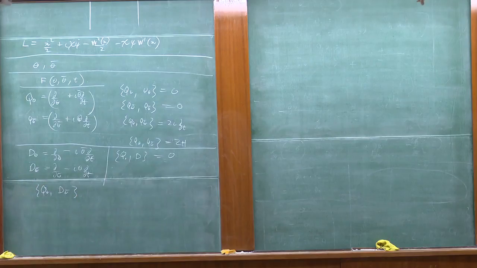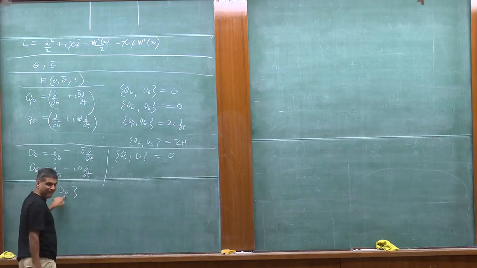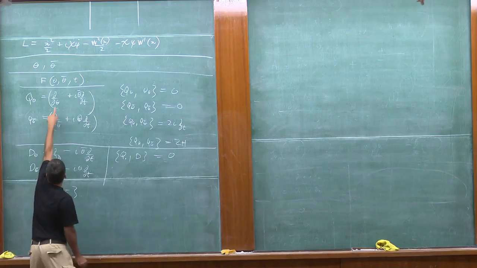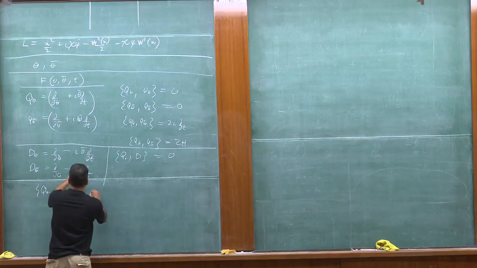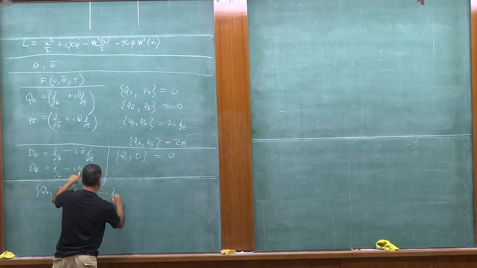This is less clear because you get two terms, both of which are non-zero, but they cancel each other. So let's look at the term where you have Q acting on D. That will have the term where this ∂/∂theta hits this minus theta. So we will get minus i ∂/∂t.